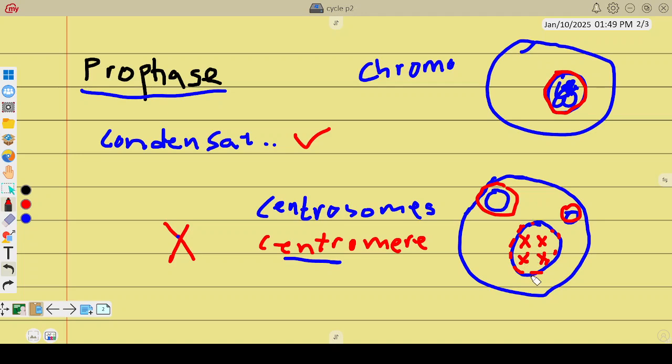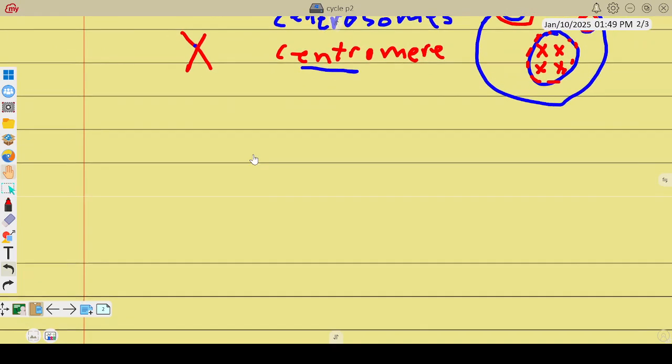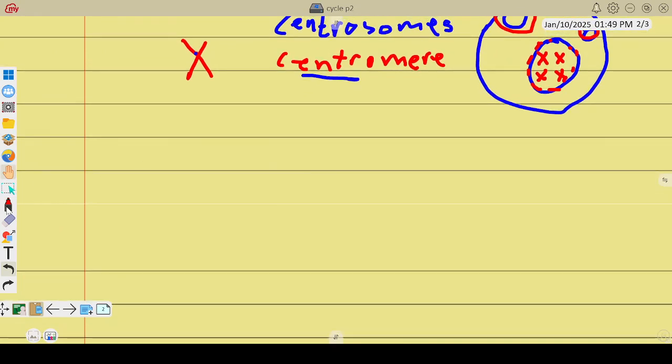And then the nucleolus inside it will disappear. So this is the prophase. Now we're going to the next phase, which is metaphase. So now coming to metaphase.